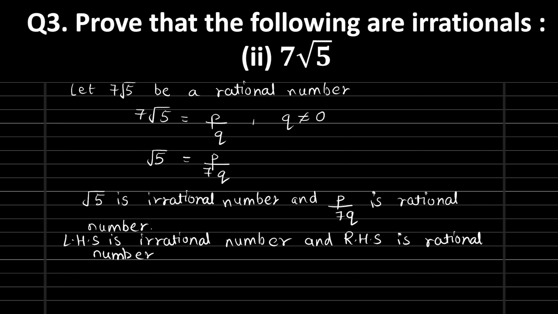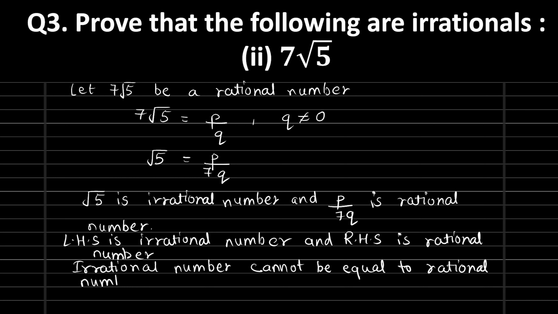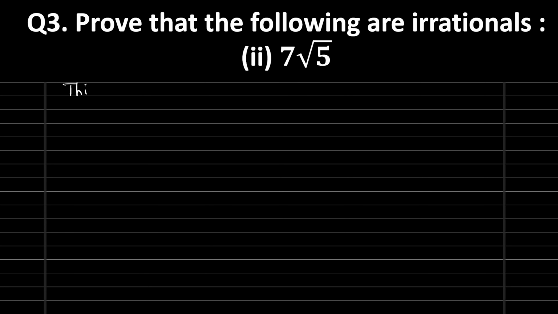So we will be writing irrational number cannot be equal to rational number. There is a contradiction here. Left hand side is something and right hand side is something else, and this contradiction has arisen due to our wrong assumption.